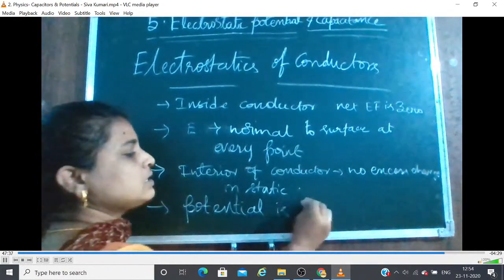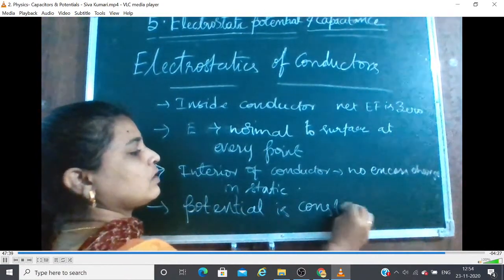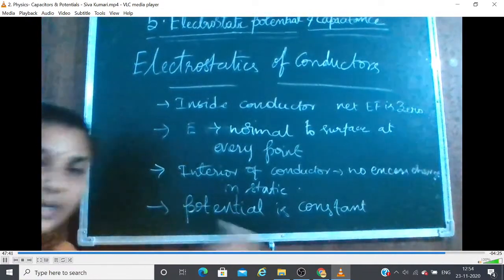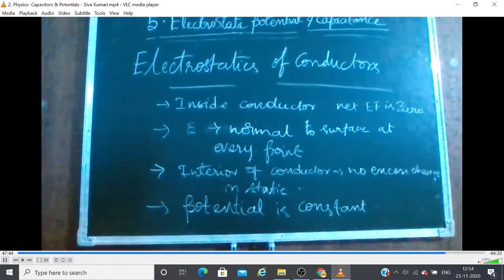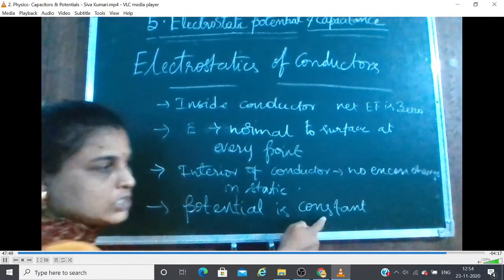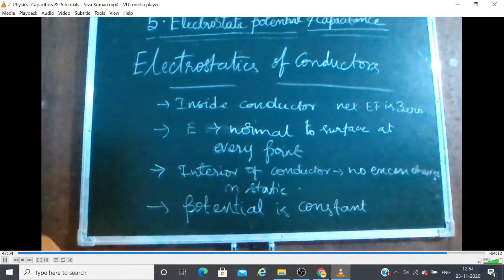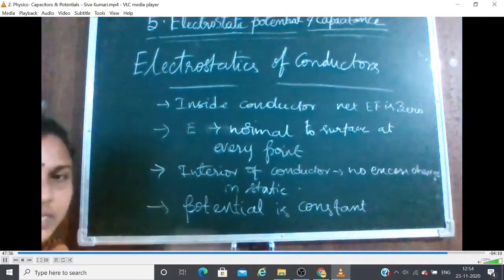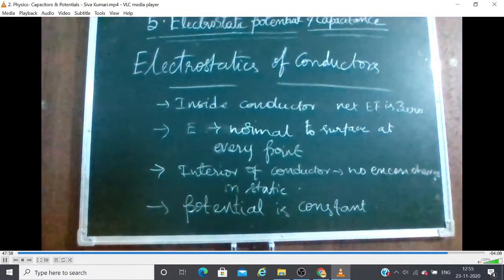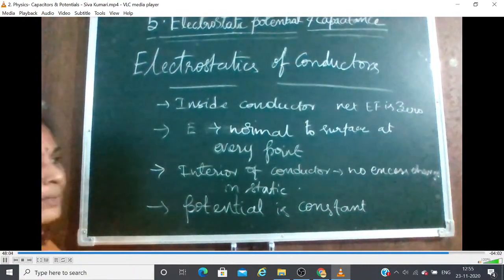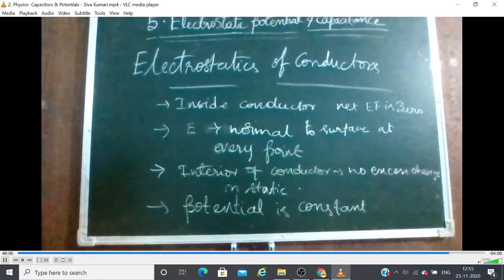The potential is constant, but the electric field intensity changes as the surface charge density changes. In the case of corona discharge at sharp points, even for uneven surfaces, the potential will be constant throughout the volume of the conductor.